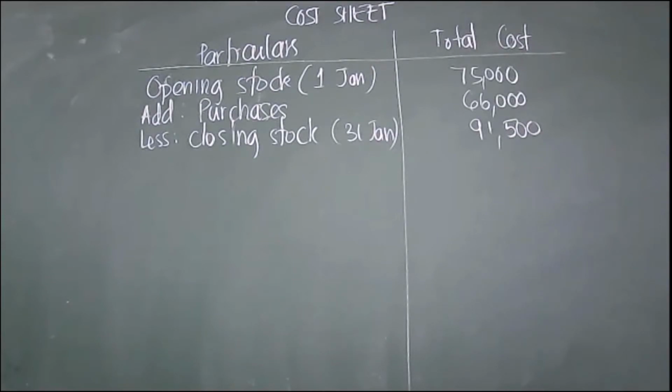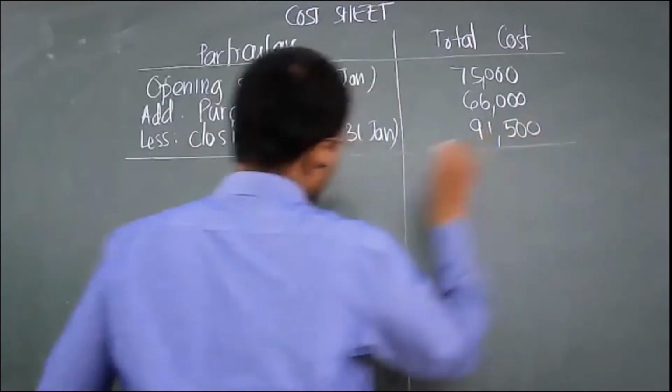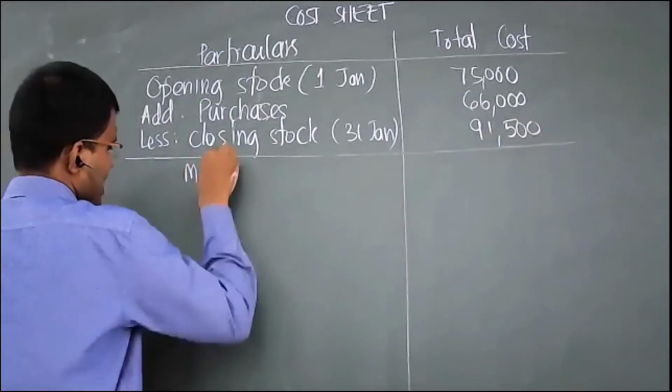To 75,000, we will have to add the value of material that you have purchased, which is 66,000. From that, you have to subtract the closing stock, 91,500. When you work this math out, you will get the level of material consumed.